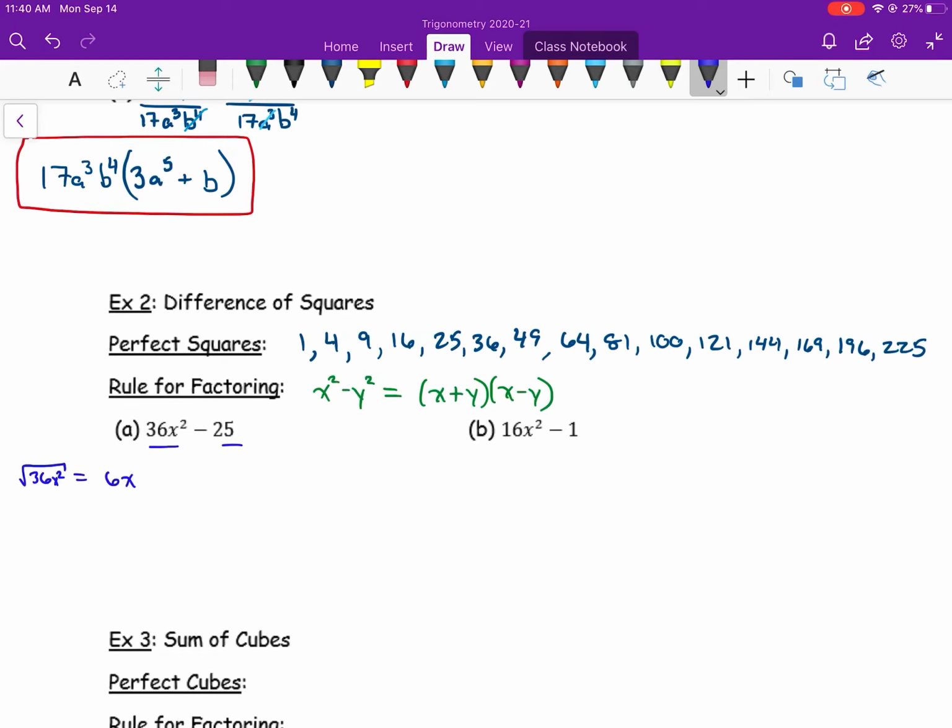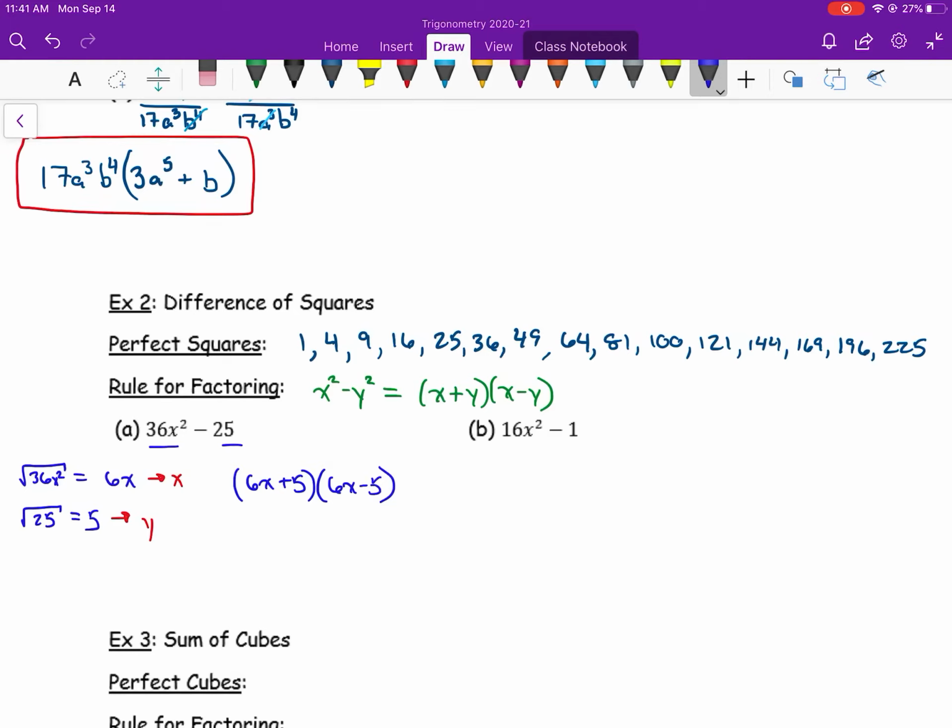Then we'll look at 25, which is 5. So 6x becomes my, quote-unquote, x term, and the 5 becomes my y. So we're using the rule x plus y times x minus y. We get 6x plus 5 times 6x minus 5.